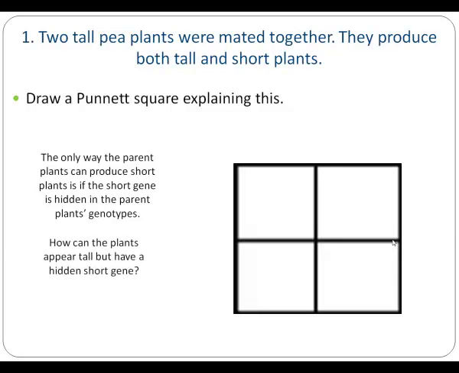The way that the plants can appear tall but have a hidden short gene is if the short gene is recessive. So I'm going to define capital T as tall and lowercase t as short.